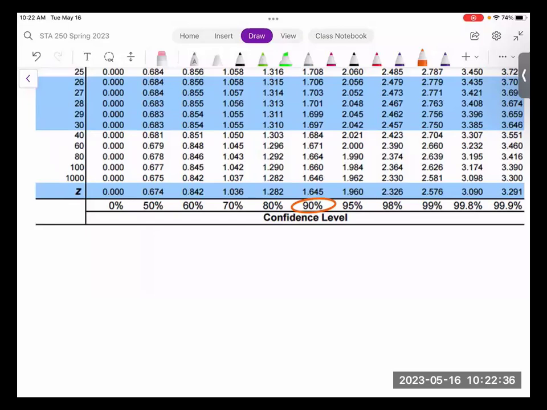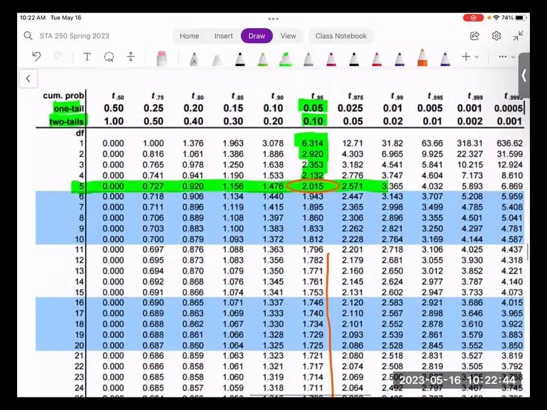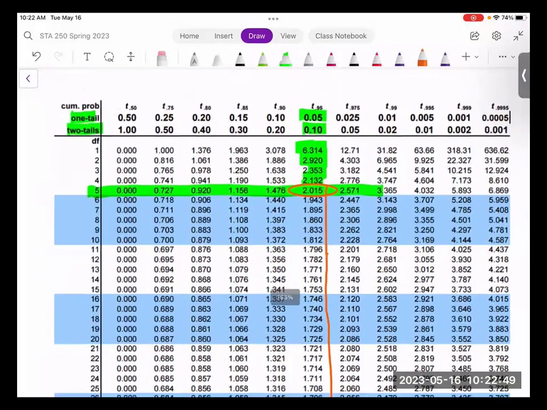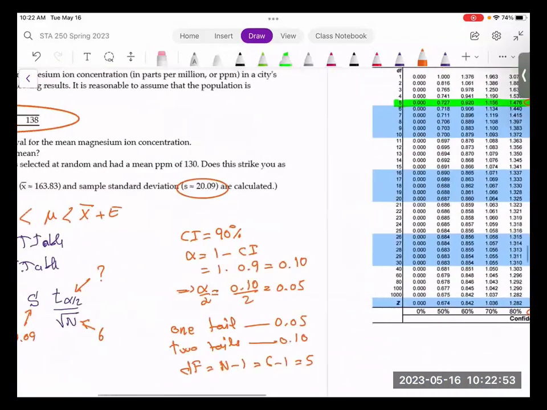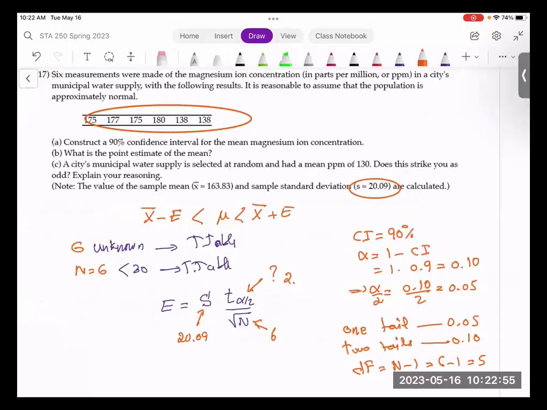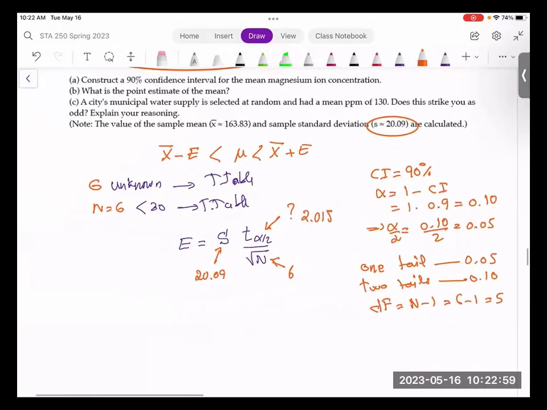You just need to read the table correctly. The confidence level is all the way in the bottom, and you follow that confidence level all the way to degree 5. All right, and at degree 5, you're going to get that same number. Okay, great. So 2.015. This is going to be 2.015, and you do your calculation basically, right?